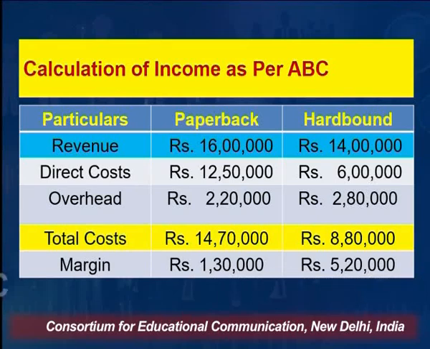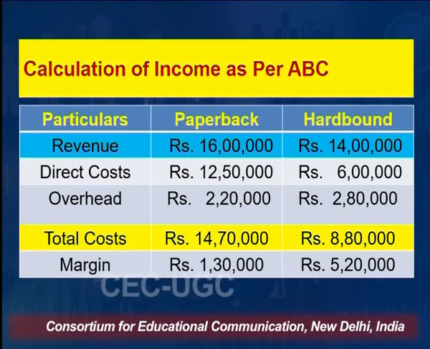So if you ask me for margin, now paperback is showing a positive margin of rupees 1,30,000, wherein previously, using the traditional cost driver of machine hour, it was showing us a loss of rupees 75,000. So obviously if you ask me for a decision, I would say that the publisher should not discontinue the publication of paperback books, because it is giving them profit, and hardbound is giving them a profit of rupees 5,20,000.